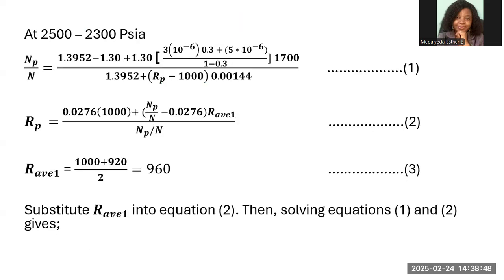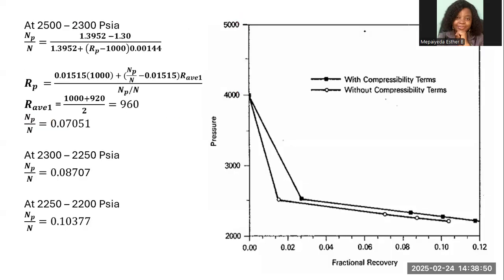Okay, so coming back here, if we look at 2500 psi, which is the PB given, you have your NP over N without compressibility term to be somewhere here at 2500, around 0.118 thereabout. And then with compressibility, see, it's far higher.